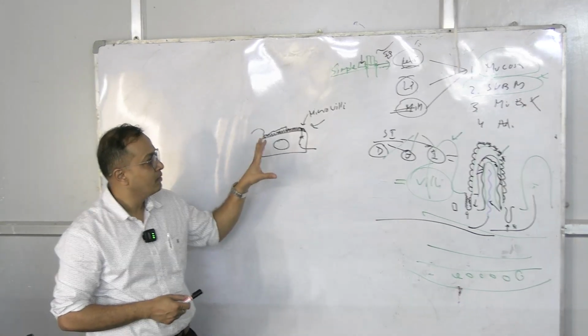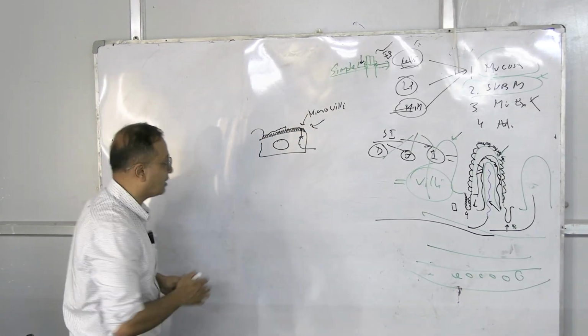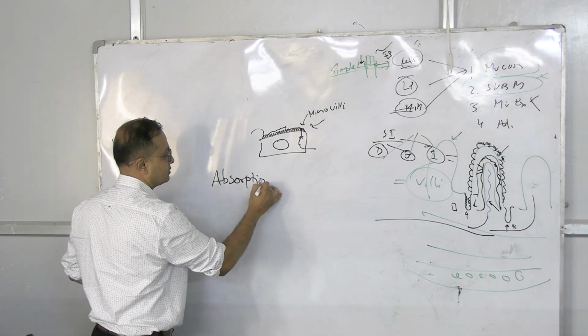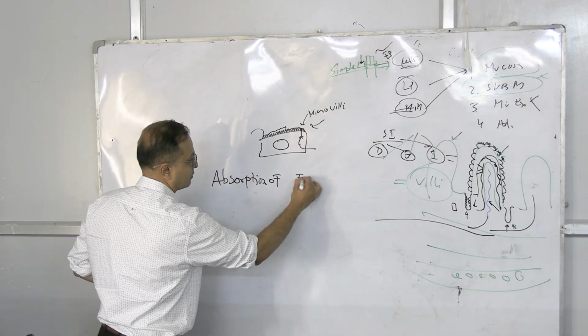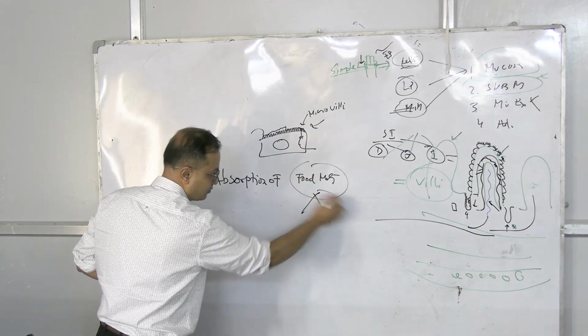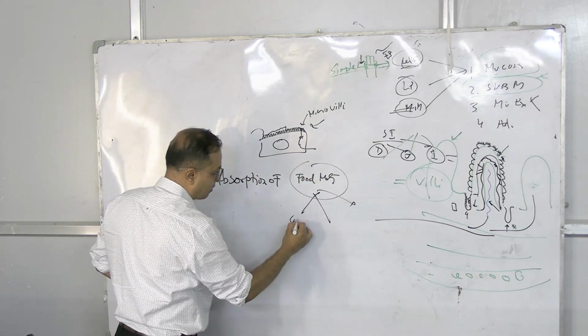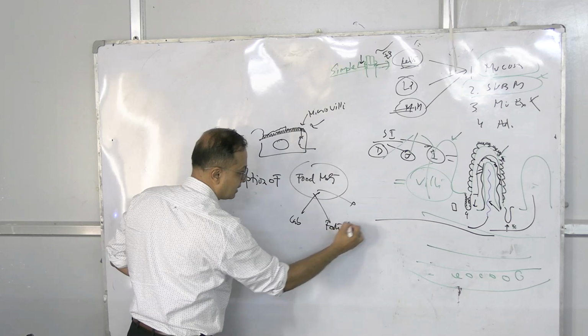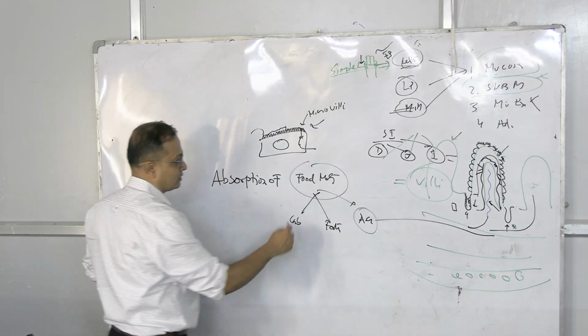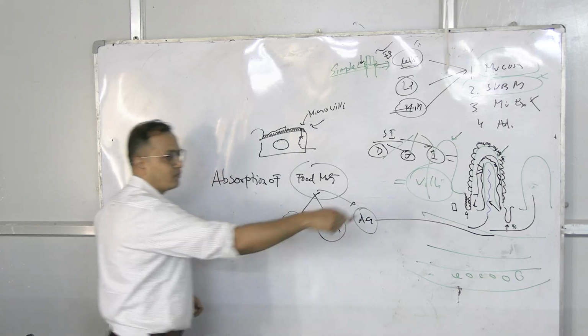So the function of the small intestine is largely absorption of food materials. What kind of food materials? We have three basic components: carbohydrates, fats, and amino acids or protein substances. They are transported differently in different domains.